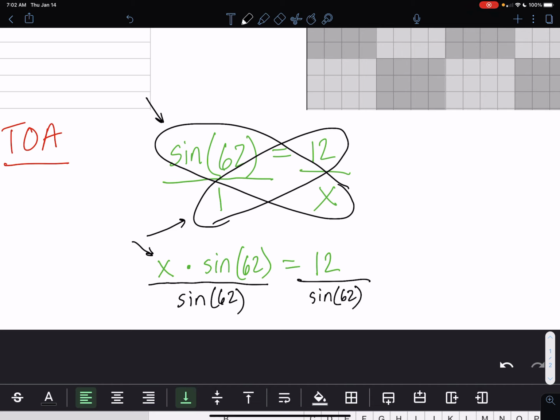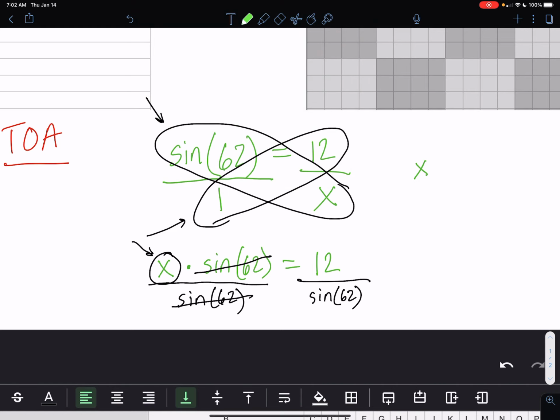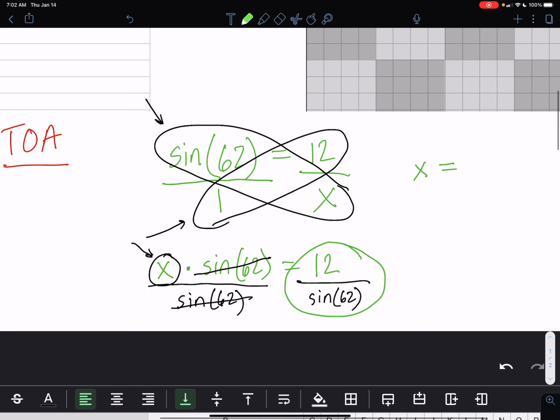So we'll divide both sides by the sine of 62. On the left, multiplying by the sine of 62 and dividing by the sine of 62 cancel, and it just leaves you with x by itself. That's awesome. I'll write that over here. We've now got x equals this fraction right here, 12 divided by sine of 62.